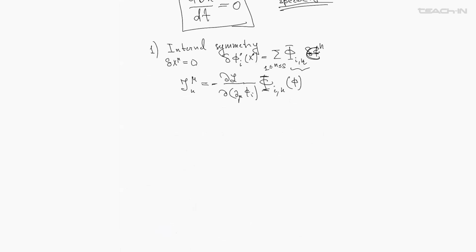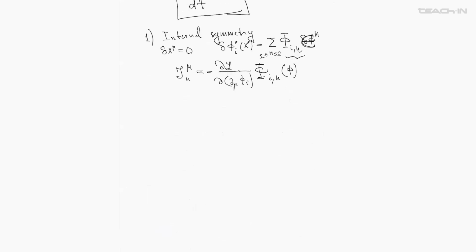The second very important example is the example of a conserved quantity which is called the energy momentum tensor. Sometimes people also call this tensor the stress energy tensor, or simply the stress tensor.